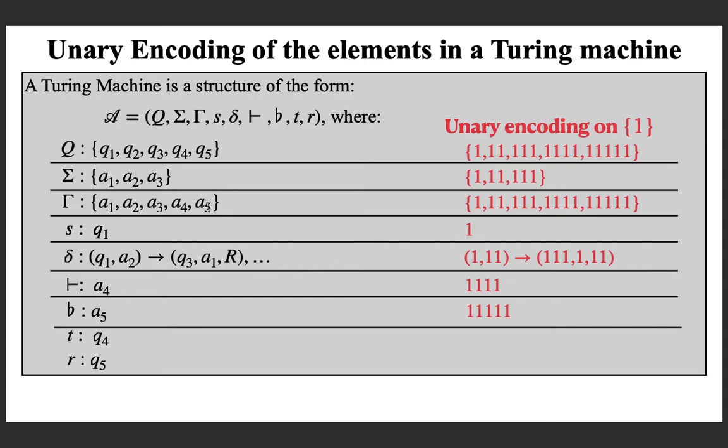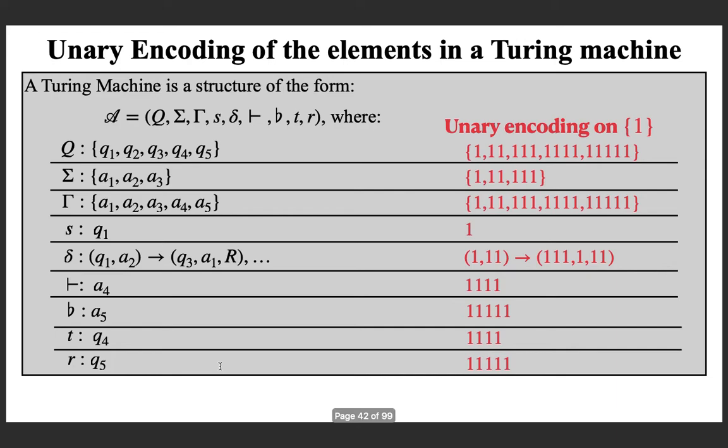And now the exit state is the 4th state. What is the 4th state? Q4. And finally, the reject state is the 5th state in the state set, that is Q5.